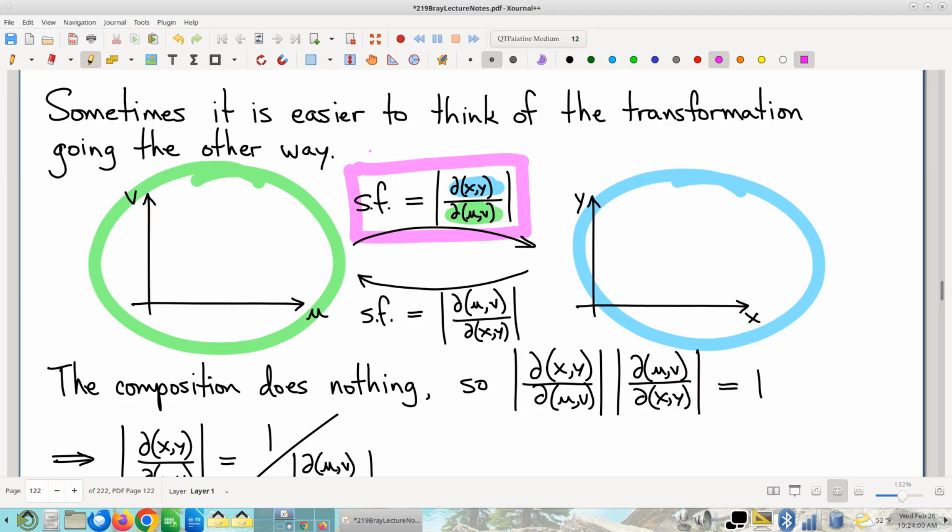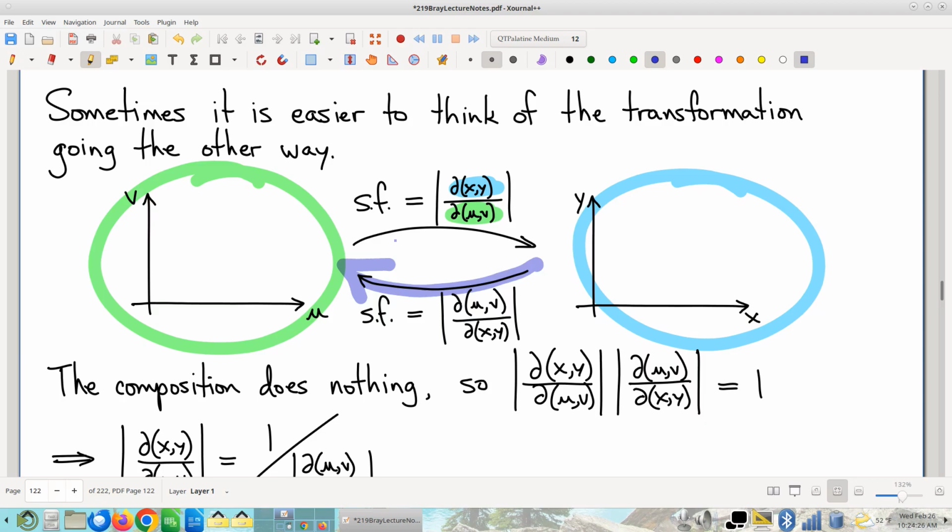That's the general form: you're looking at the partials of the outputs with respect to the inputs. Now, let's suppose we were to look at the inverse function, in other words, going the other way. Instead of thinking of x and y as functions of u and v, we're going to think of u and v as functions of x and y.